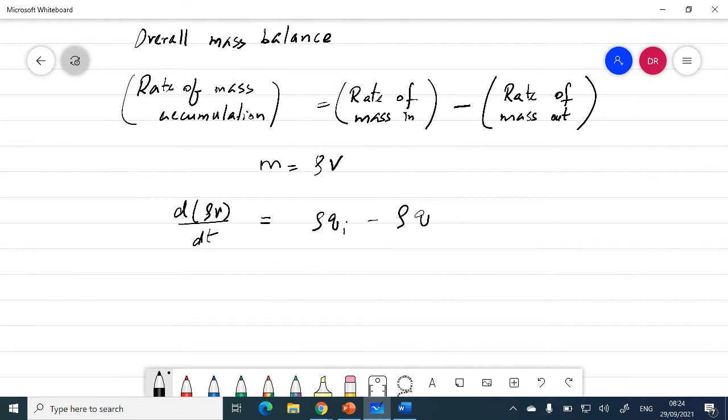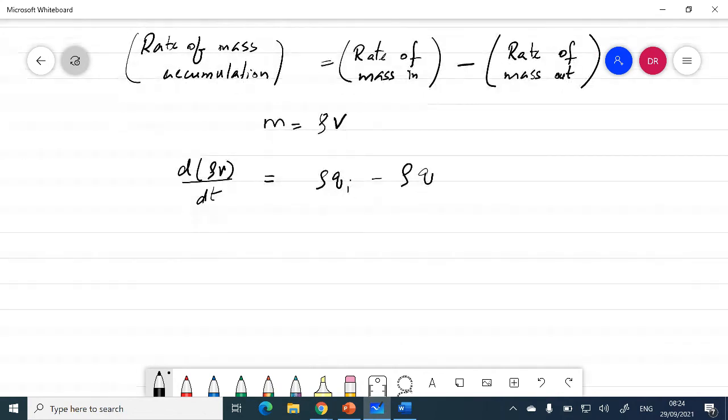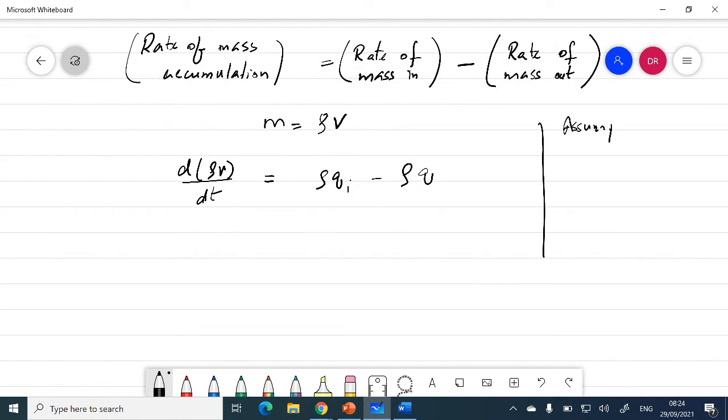Okay, so here one thing I forgot to mention. We also have to write the assumptions. So before we start, we write assumptions and then start developing the model. What are the assumptions here? We have two assumptions. One is uniform mixing, and another one is the density of feed.